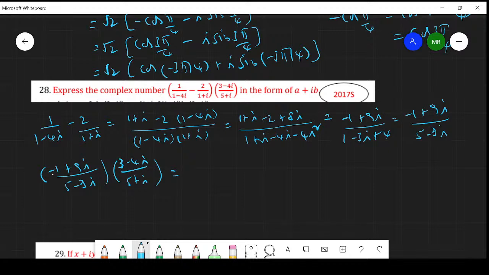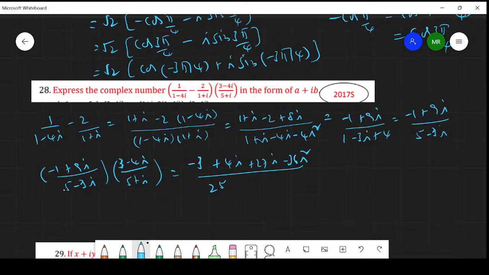Right. Now you can see here again minus 3. I can multiply, and this is plus 4i, this one 27i, and 36i square. The denominator comes 25 plus 5i.